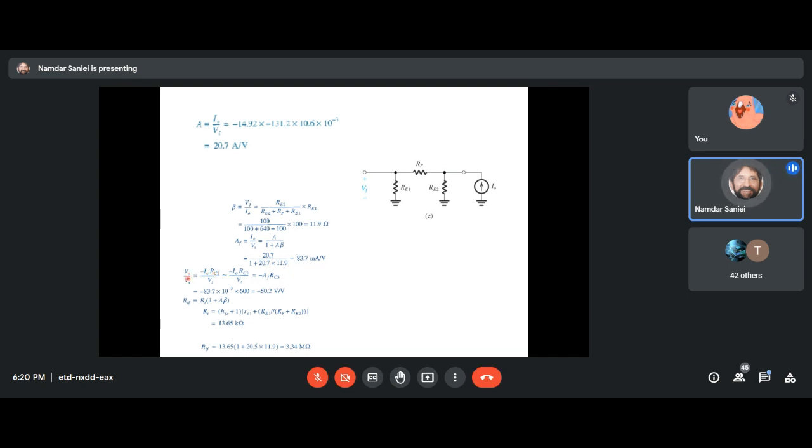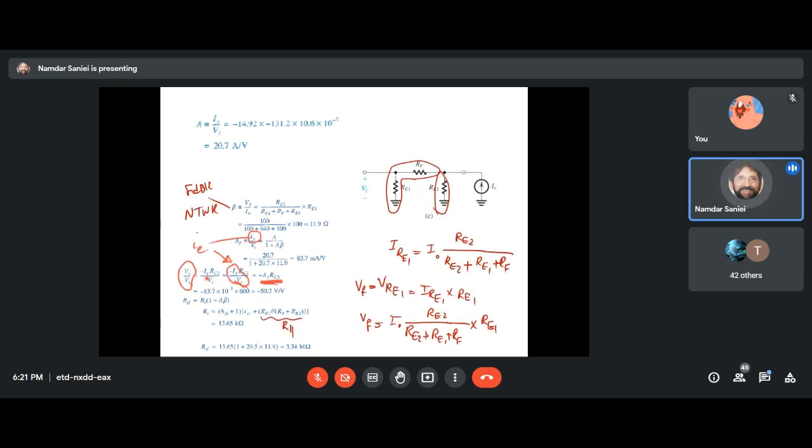So if you're interested in VO over VS, we take the gain that we found here, AF, multiplied by RC3. That gives us the voltage gain. Okay, the voltage gain. Input resistance is calculated this way, and because there was no RS, we didn't have to give anything back to the source. So this RIF is also the true input resistance to this feedback network.